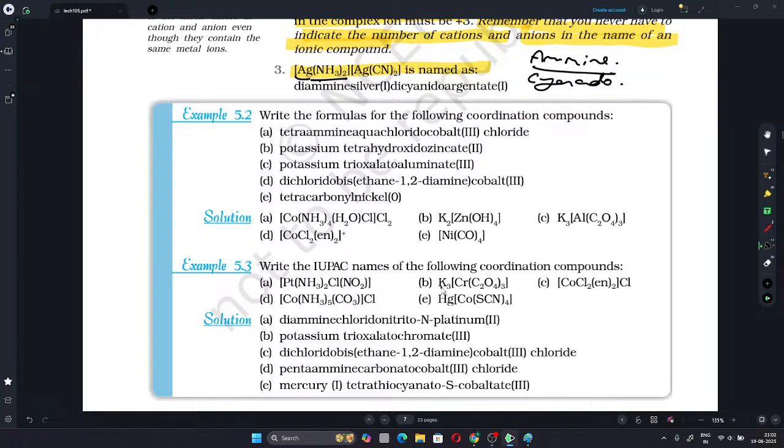The second one here, potassium is outside, so it's an anionic complex.